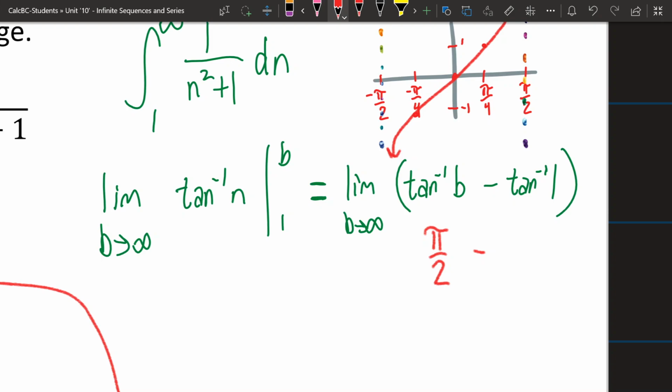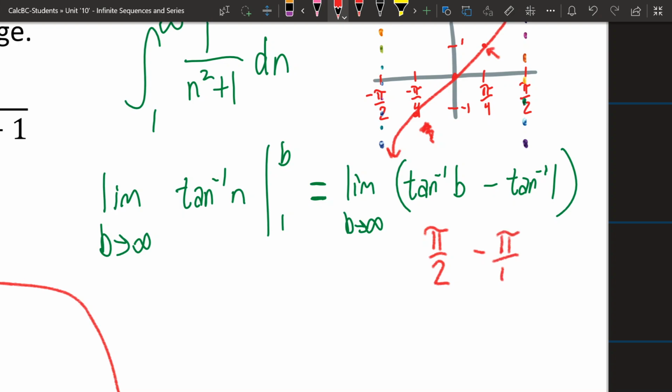All right, now the inverse tangent of 1, or negative 1, excuse me. So negative 1 is this guy here. So we're looking at, no, that's negative 1. Positive 1 is this guy here. That's pi over 4.